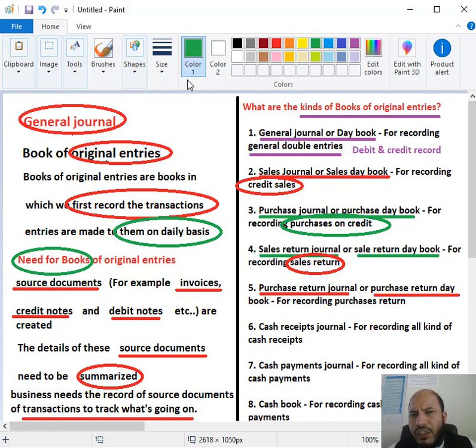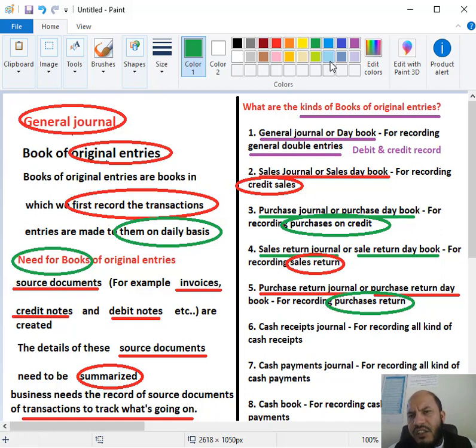It is a book where we record our purchases paid back. For example, we have purchased some goods, but we return them to the supplier. When we return these goods to the supplier, we will record these transactions in the purchase return journal. And those who receive them will record this in the purchase return journal.